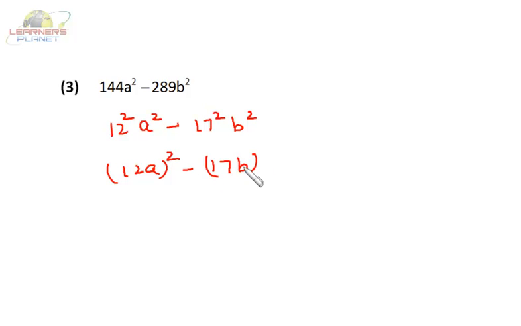Friends, you know the square of 12 and square of 17. This 144 is square of 12 and this 289 is square of 17. So we can rewrite it like this. It's 12 square a square minus 17 square b square. Further it is 12a whole square minus 17b whole square.